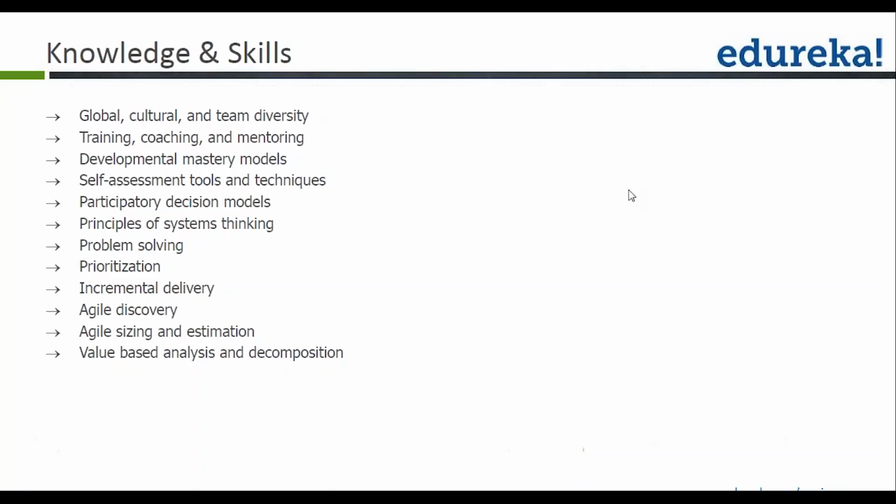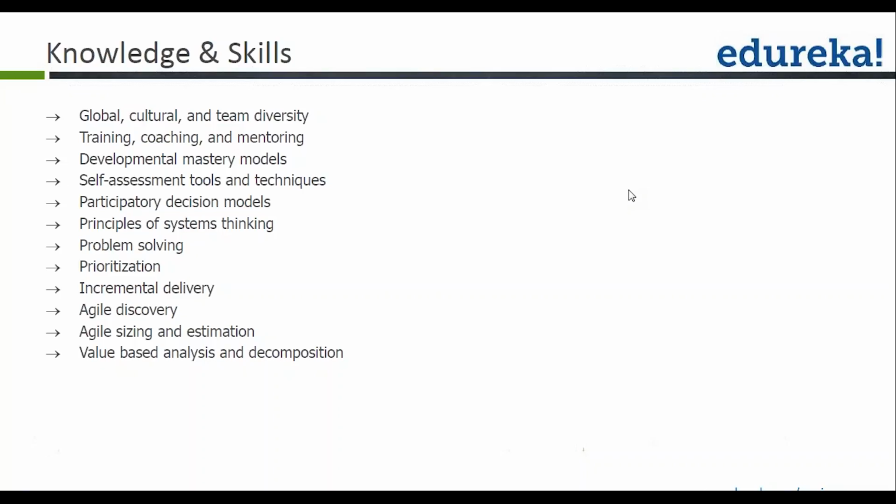And how does business get involved in this prioritization exercise? Incremental delivery. What do we mean by an iterative and an incremental methodology? And then agile discovery, agile sizing and estimation, and value-based analysis and decomposition.